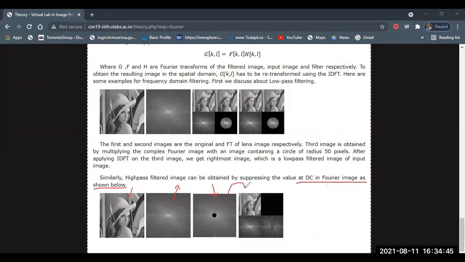When you perform an IDFT, this will be your final image. This is the result of low pass filtering, and this is obtained when we perform high pass filtering.